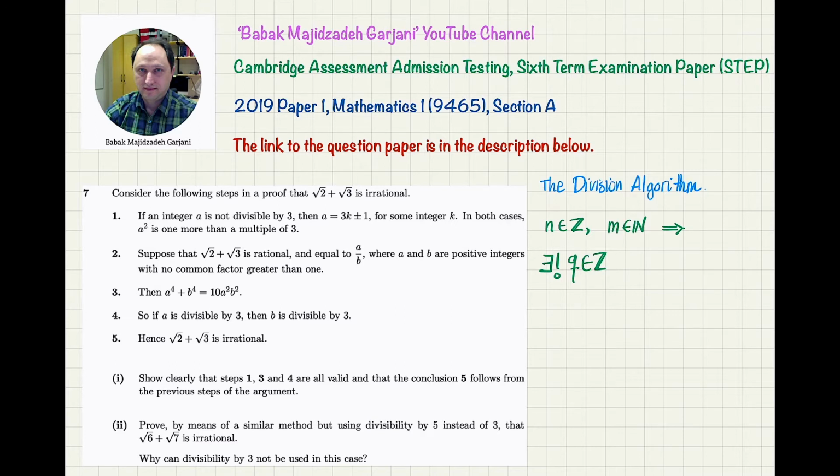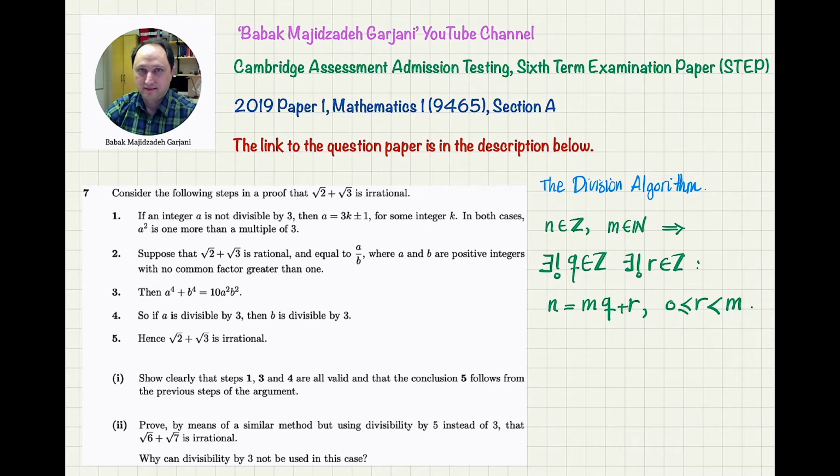So there exists a unique q in the set of integers, and there also exists an integer r such that n can be written as m times q plus r, where r lies in this interval, greater than or equal to 0 and strictly less than m. So this is the assertion in the division algorithm.